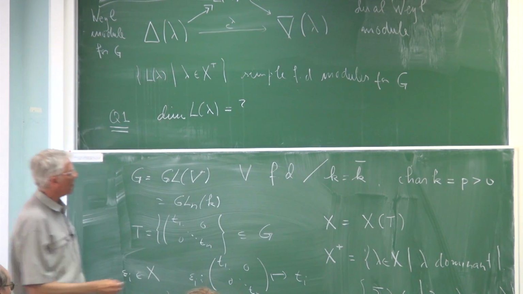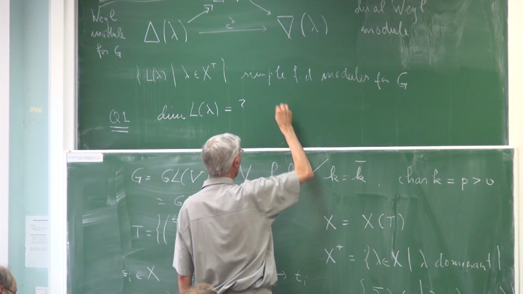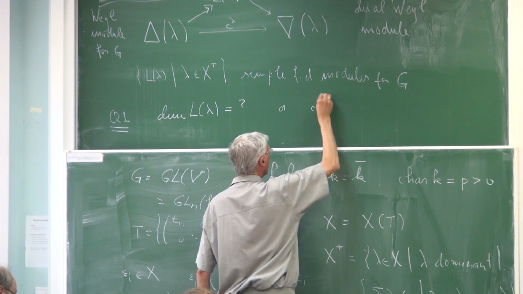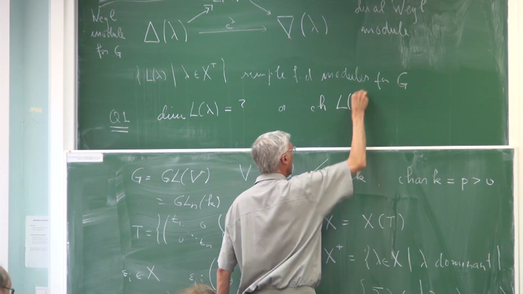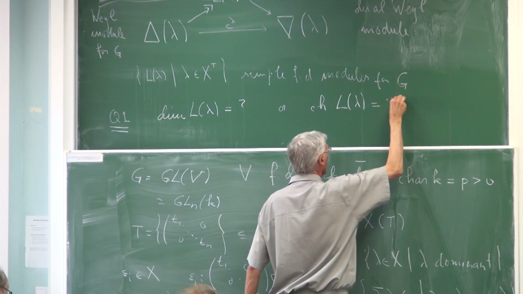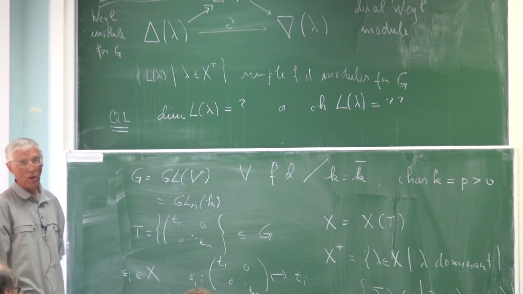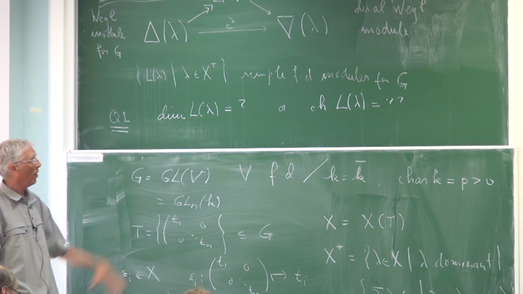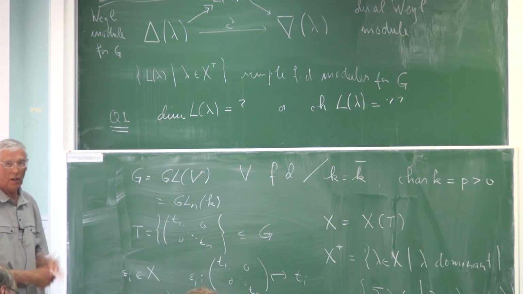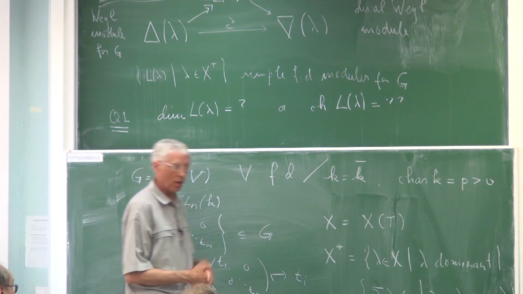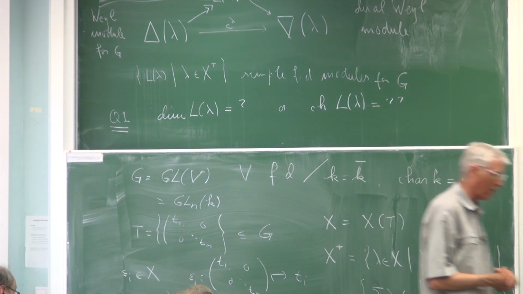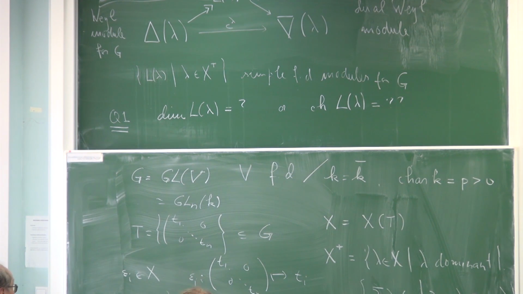Or if I want to be more sophisticated, I can ask for the character of L of lambda. So the character counts all the weight multiplicities, but let me not worry about this. Let's just focus on this one. It's a very natural question. You have a group. Can you find the dimension of all its irreducible modules? And the problem is that this is really, really hard.